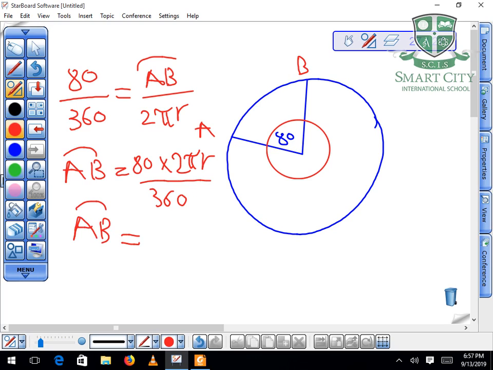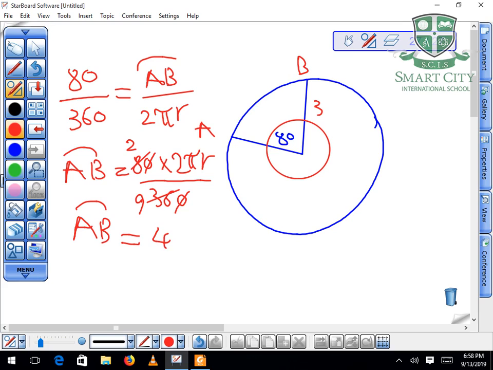If the radius equals, for example, 3 centimeters, then 80 over 360 simplifies, dividing by 40, to 2 over 9.